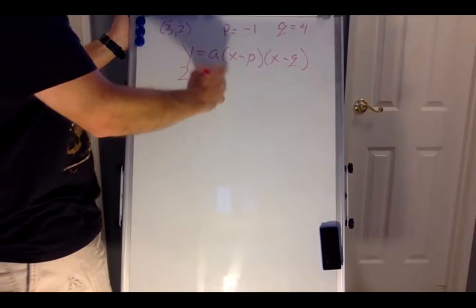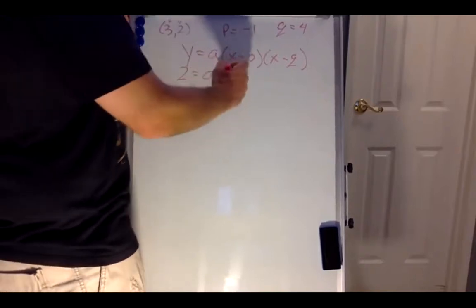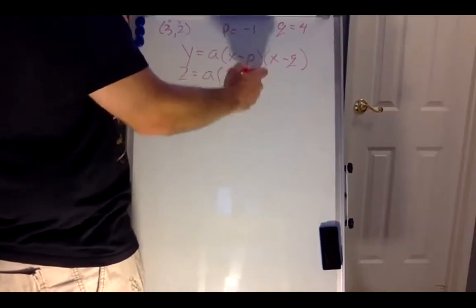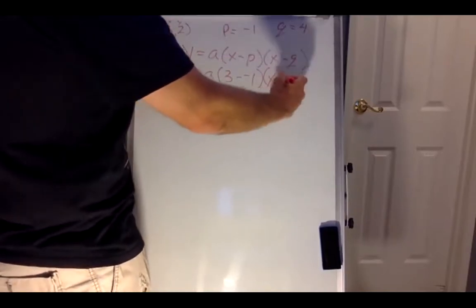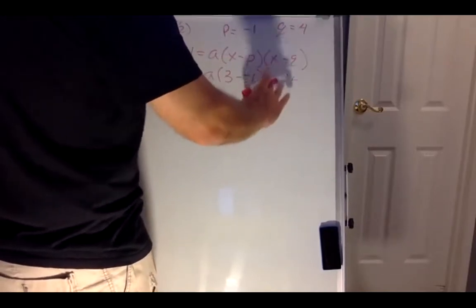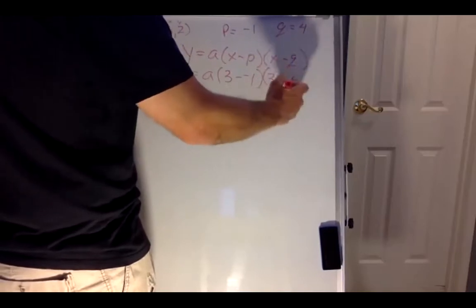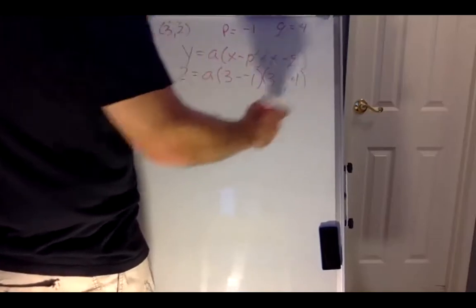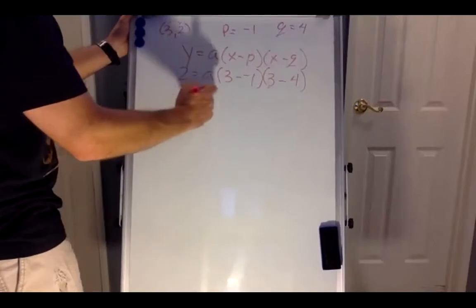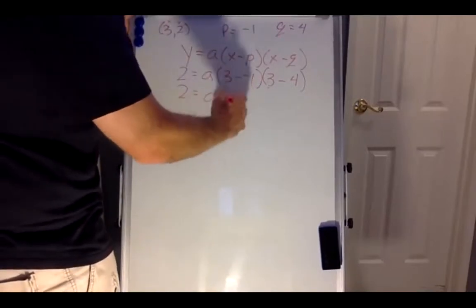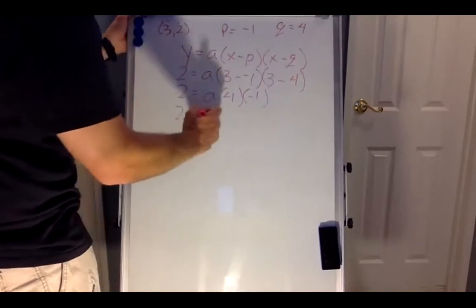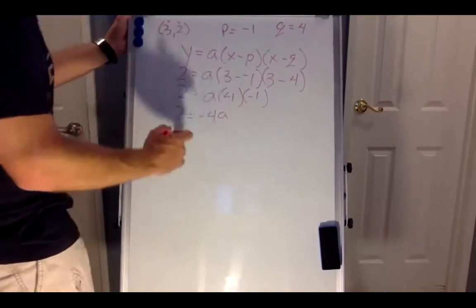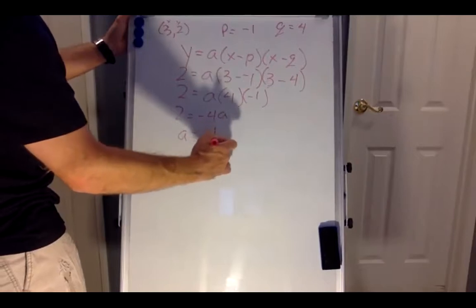Okay, start plugging them in. 2 is equal to A, X is 3, minus P is -1. Make sure you get the minus minus. X minus, oops, not X, 3. We're plugging in a 3. Minus Q, 4. This is not difficult, it's not a lot of work. So this is 4. This is -1. So you get 2 is equal to -4A. So A is equal to -1/2.